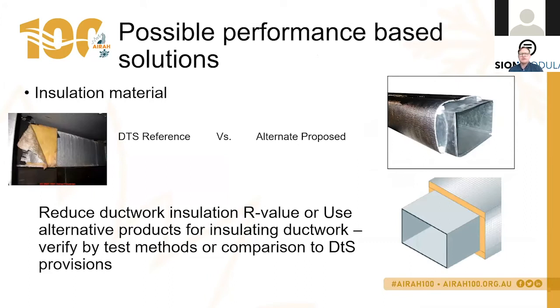Otherwise, and as I've mentioned before, you can look at different insulative materials, some high density foams, and other products have R values that are equivalent to normal glass wool insulation, and provided they meet the AS 4859 requirements, then they can be used as alternative products.